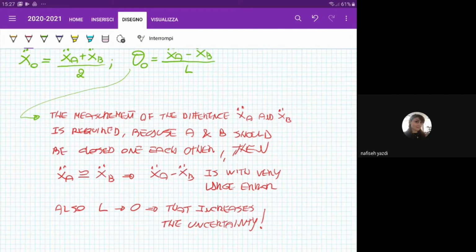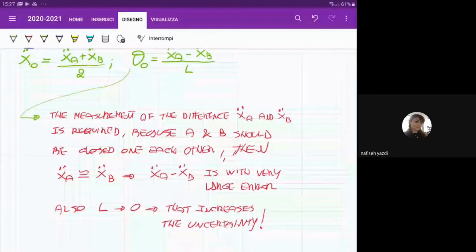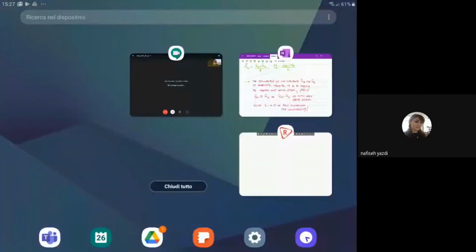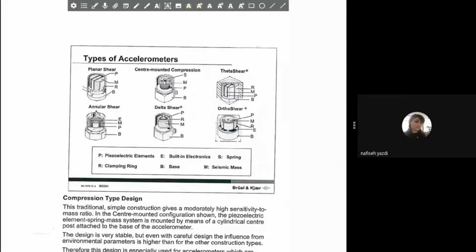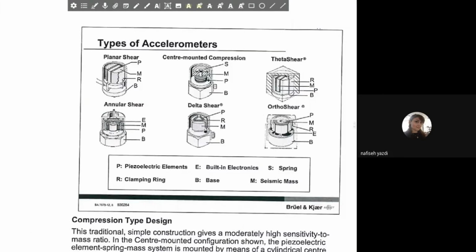Okay, having said that, I would like to show you some typical configurations of the accelerometers and some applications that I've taken from B&K here. B&K is one of the major PZT manufacturers, not only but also measuring circuits.